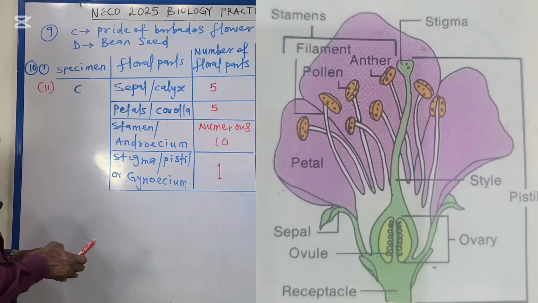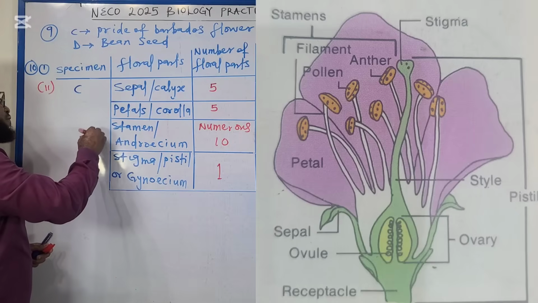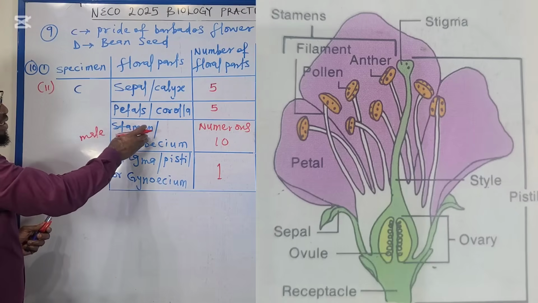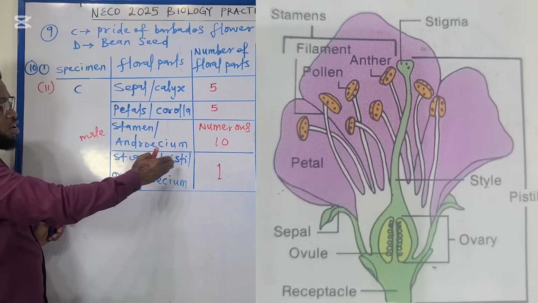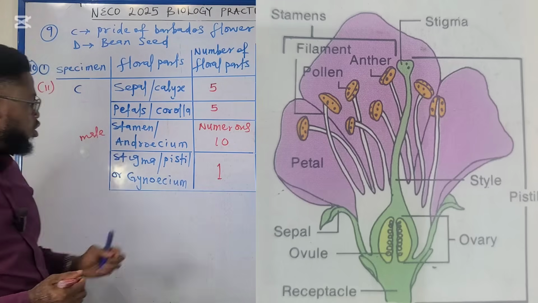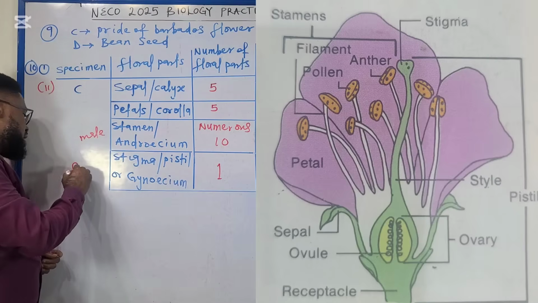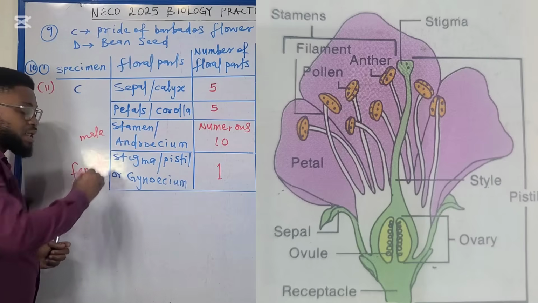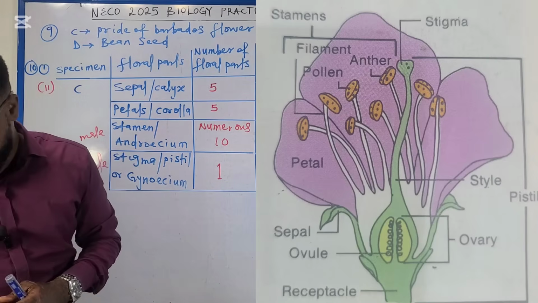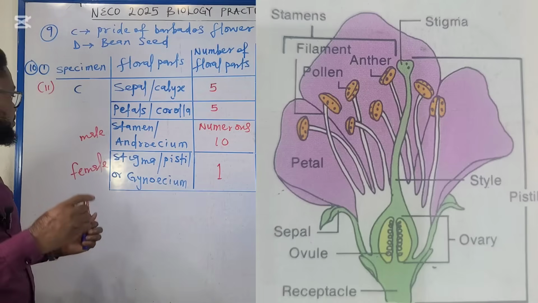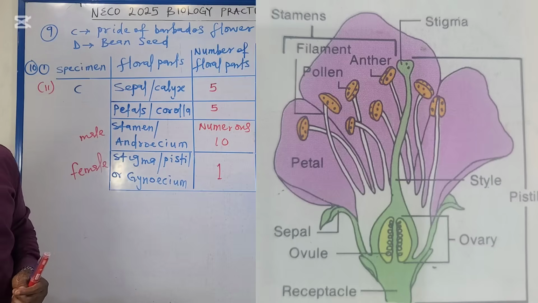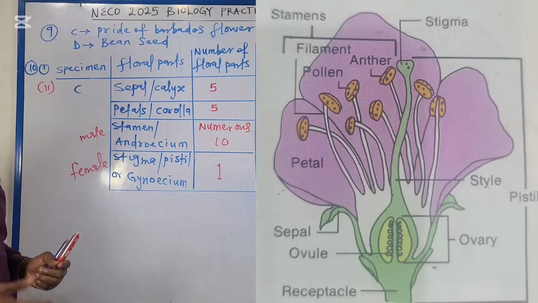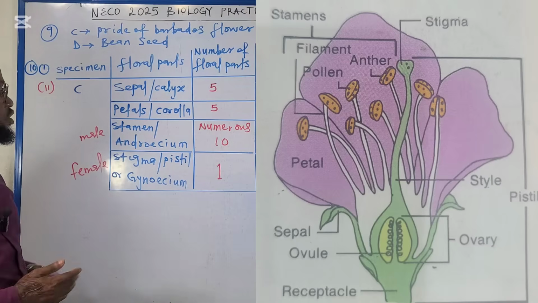This is the male part of the flower, from where pollen grains are released, and then it gets to the stigma or the pistil, or what we generally call the gynoecium. That's the female part of the flower, so that the pollen grain gets to the stigma and moves down the style to the ovary, where you have the ovule, so that fertilization will take place.